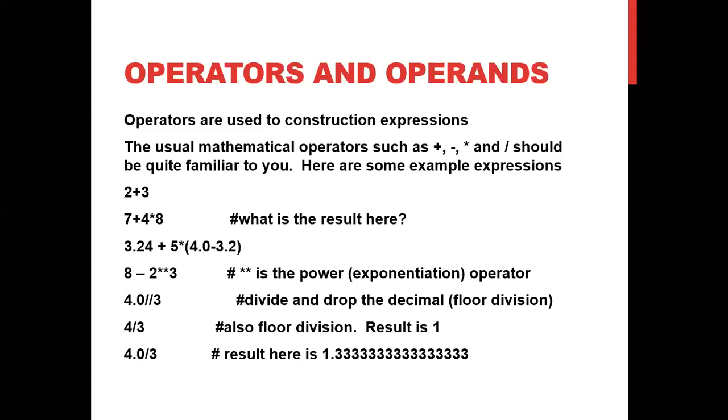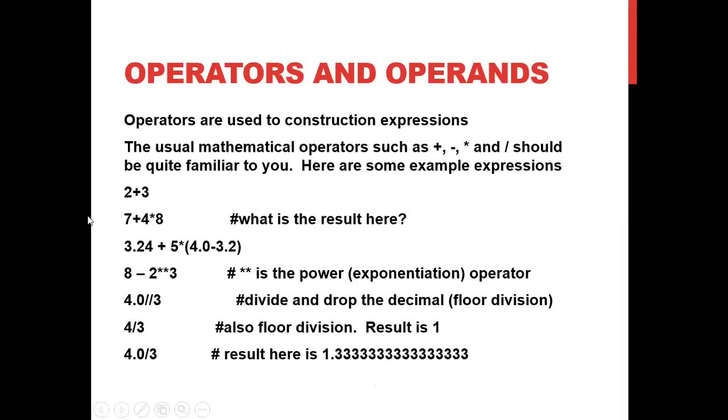Whatever decimal part we get after the dot, it ignores, and we get only the integer value. Normally if you divide 4.0 by 3, we get 1.333. Like that we can get the result.